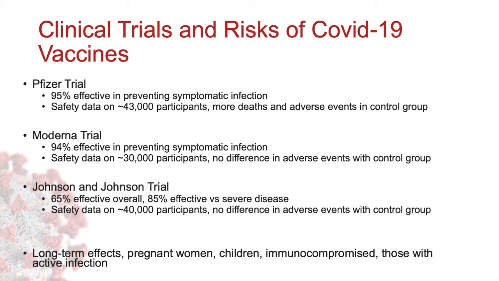You may have heard there was one vaccine in Europe that they halted the administration of. That was the AstraZeneca vaccine, because they thought there was an elevated incidence of blood clots for people that took it. But that was really halted out of an abundance of caution.